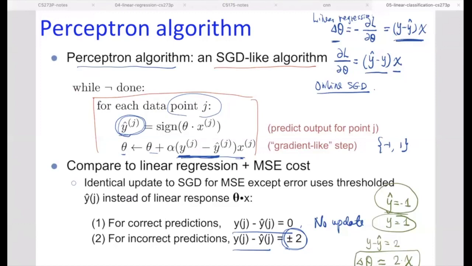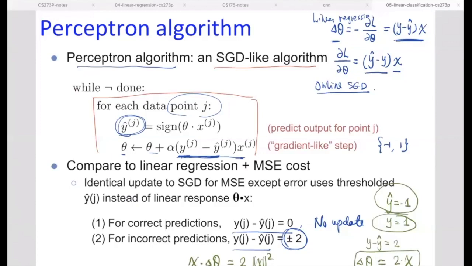Now, remember x times delta theta. This will be the increment in the score after you make this change. Now it becomes 2x squared. You can see that we increase your score. This is consistent with what we see, because my prediction was -1.